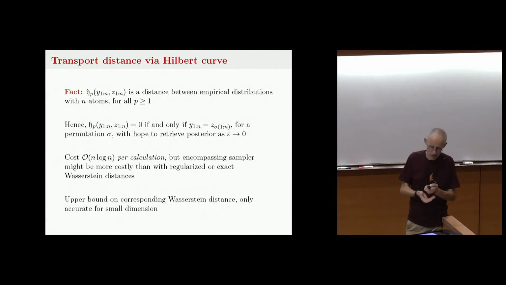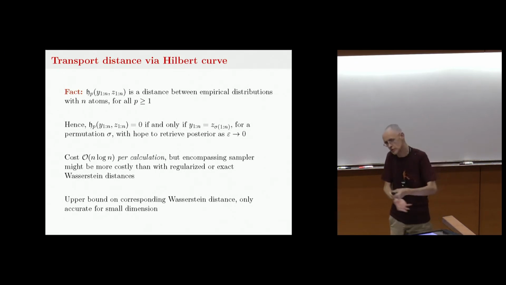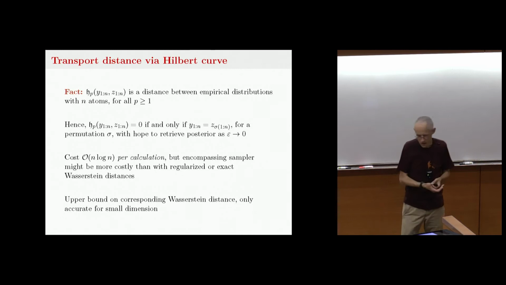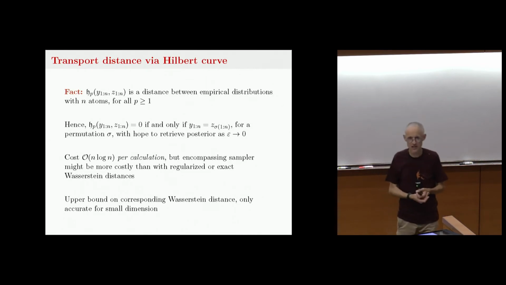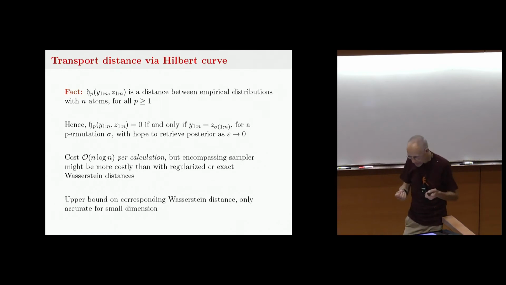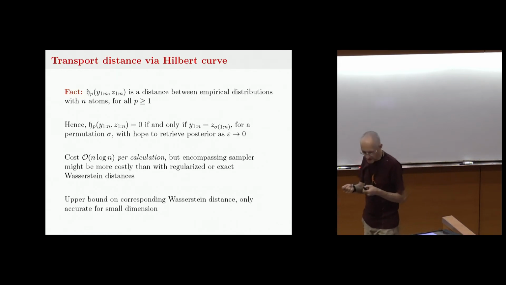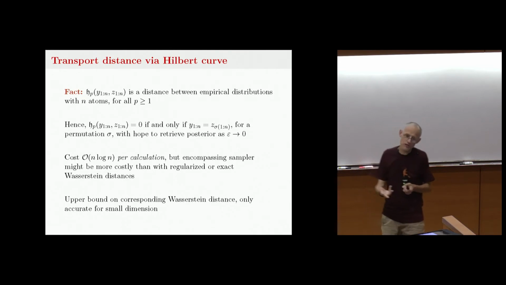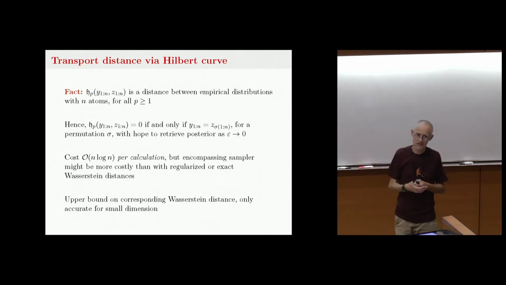It has limitations, of course, because you project from dimension D to dimension 1. So if the dimension grows beyond some extent, it's not very accurate compared with the exact Wasserstein distance. But it brings a gain that can later be exploited when running ABC to provide a first approximation to the exact Wasserstein distance.